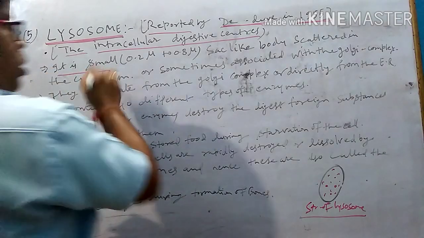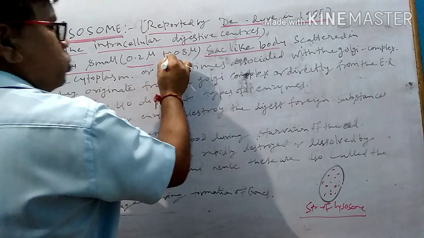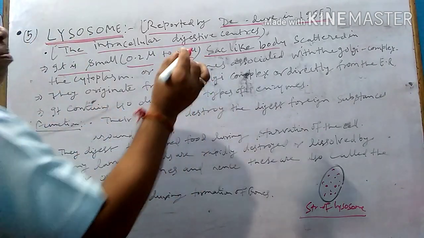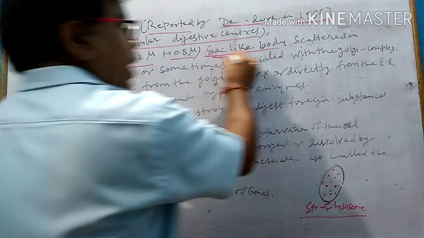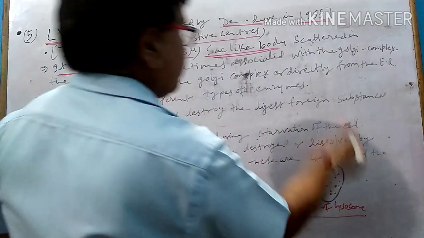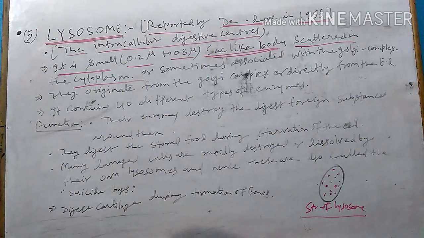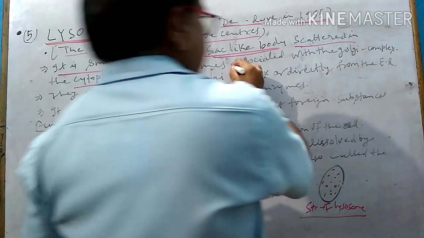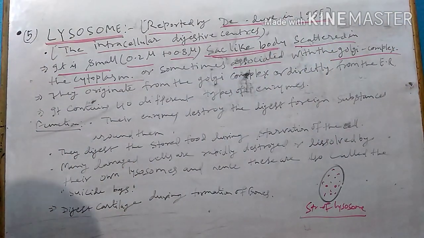It is a small sac-like body, 0.2 to 0.8 micrometer. Mu means micrometer. This is the sac-like body, scattered in the cytoplasm, or sometimes associated with the Golgi complex or Golgi body.